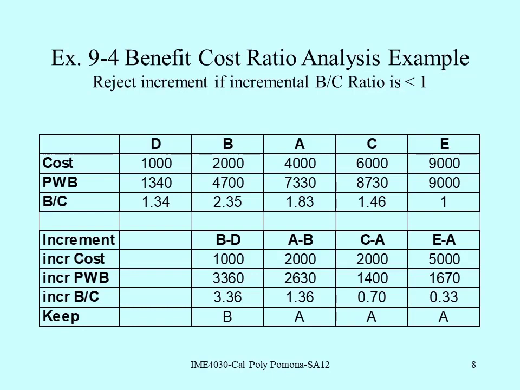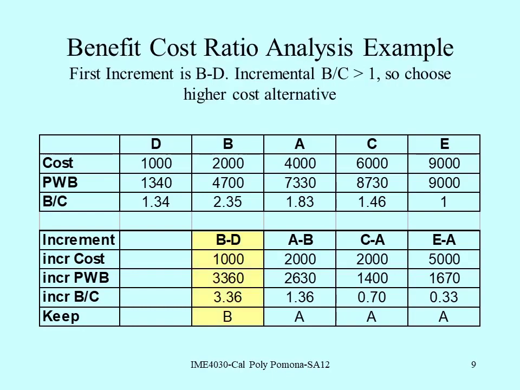Let's go to slide number 9 and look at our first increment and examine it. We have a benefit cost ratio for the first increment, the highlighted area, of 3.36, which is greater than 1, so we would retain B, and we would go to the next increment and continue.